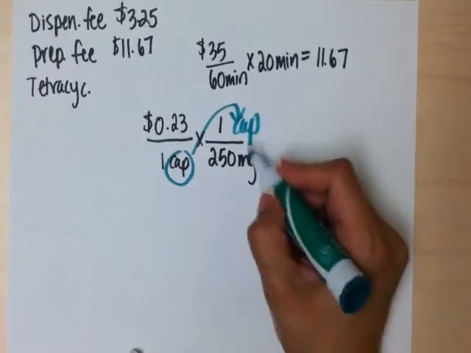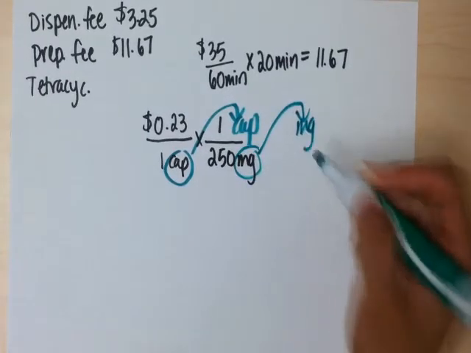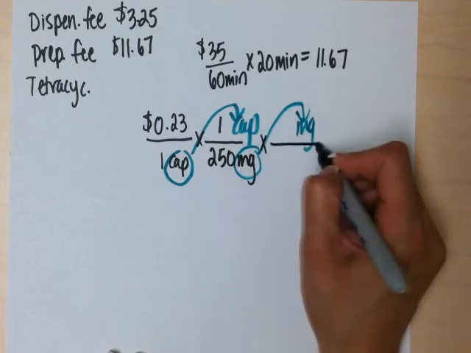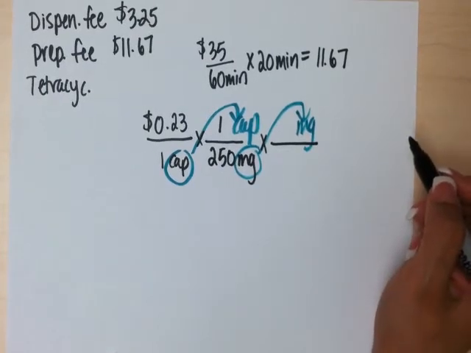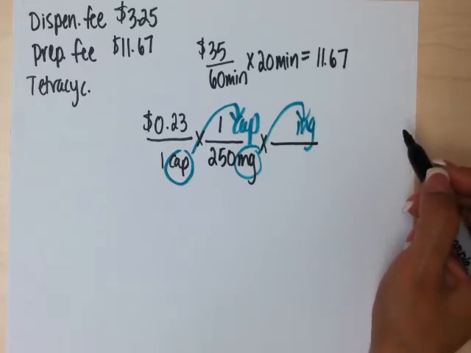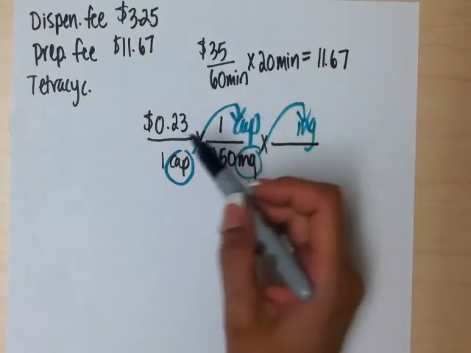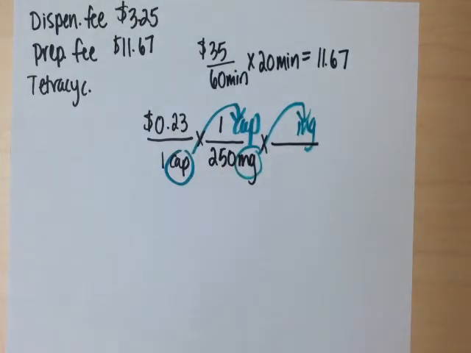Now if milligram is here, we'll also follow. This is where we're going to incorporate the concentration. If you remember, the last example we did was for compounding. We were using the number of capsules and calculating how many capsules we need. So this is a similar setup, but we add the cost in front because that's what we're calculating for.